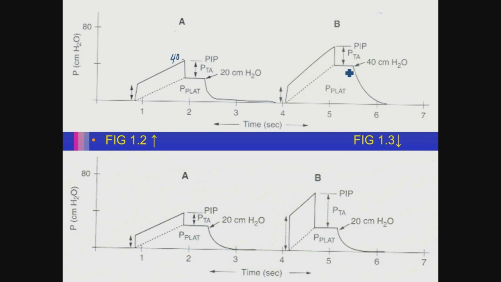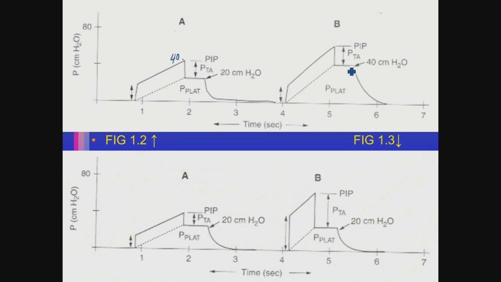Because during that pause time, the pressure inside the circuitry is allowed to spread itself out. In the case of a stiff lung, it's not going to be able to move much. In the case of an airway resistance problem, it's allowed to spread itself out.